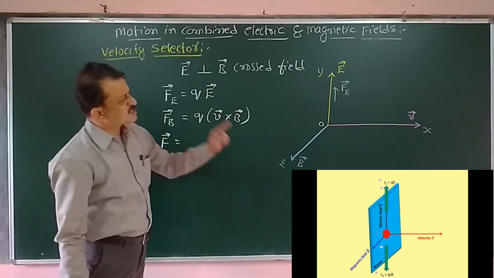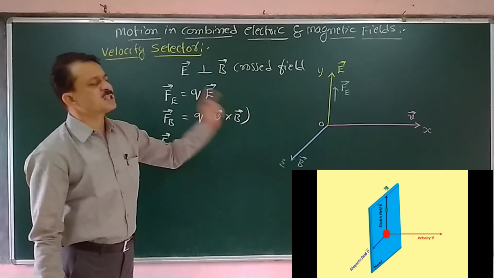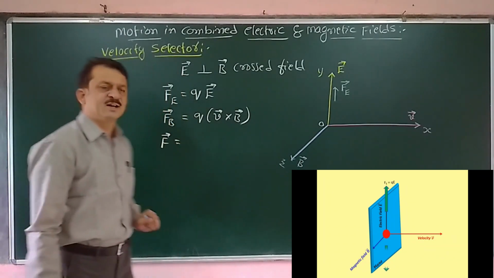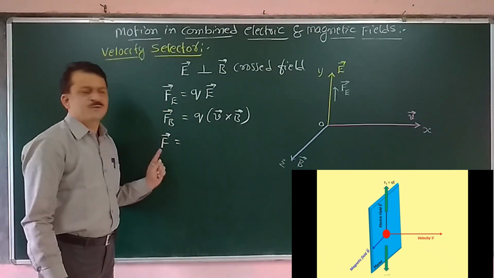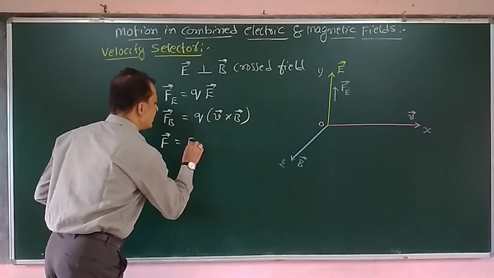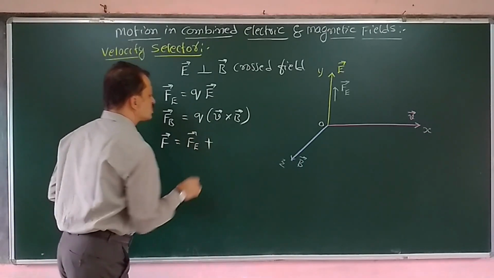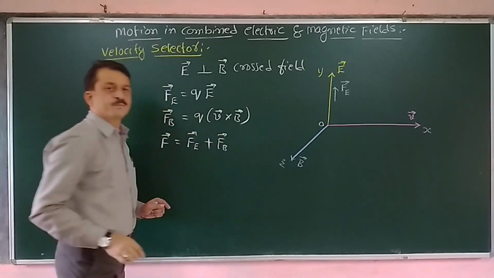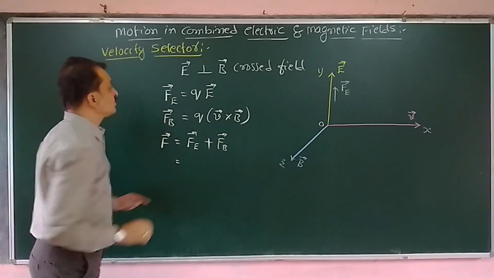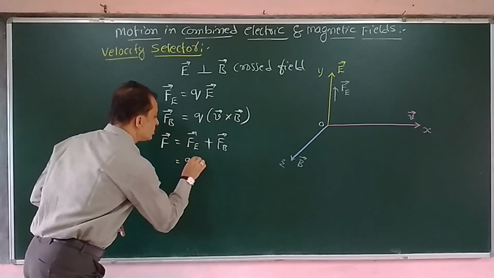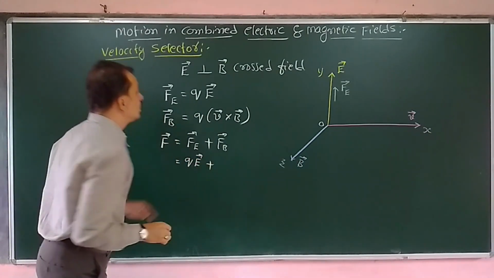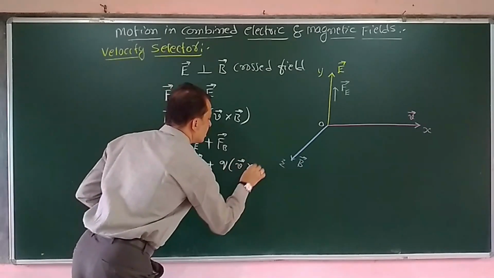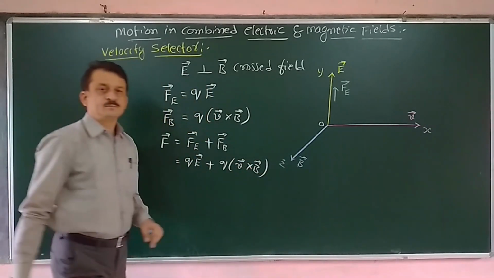The total force experienced by a moving charged particle in the presence of both electric field and magnetic field is called Lorentz force, and that is given by electrostatic force plus magnetic force. Here, electrostatic force is Q into vector E plus magnetic force is Q into vector V cross B. Clear?